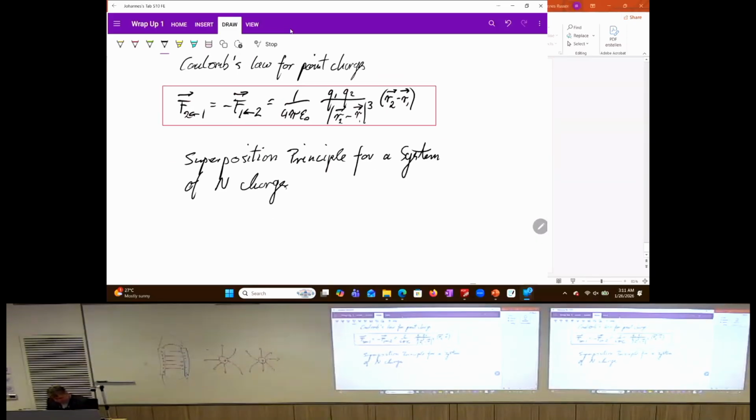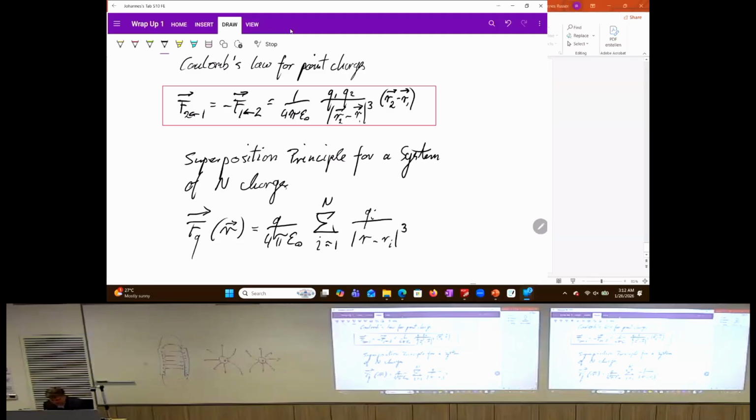The formula summarizes the contribution of each individual charge onto the respective charge Q. The force on charge Q is Q over 4 pi epsilon naught, times the sum of each other charge's contribution, running from i equals 1 to N, of Q sub i times r minus r sub i, over the absolute value of r minus r sub i to the power of 3.